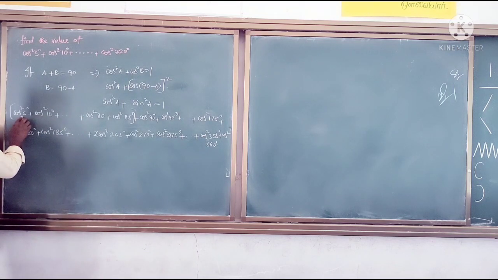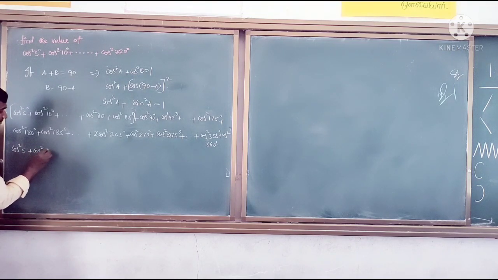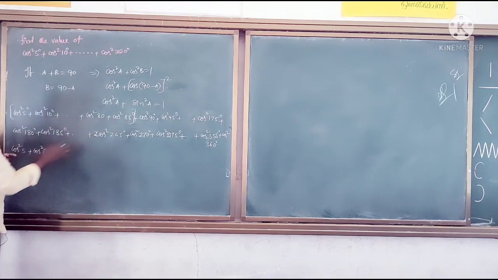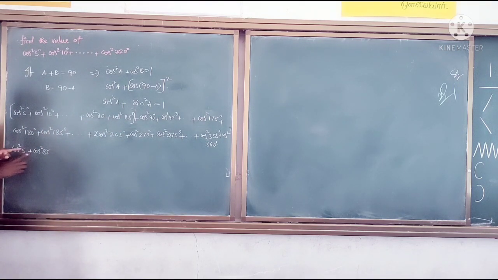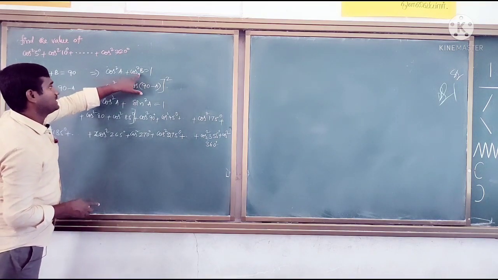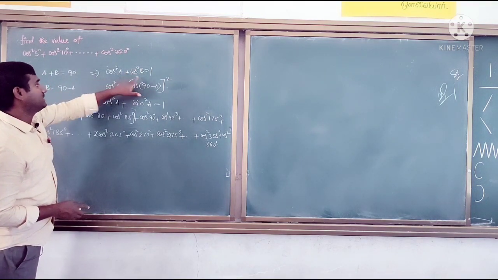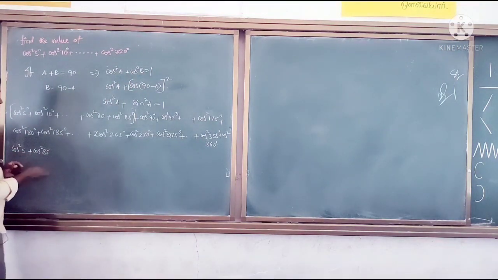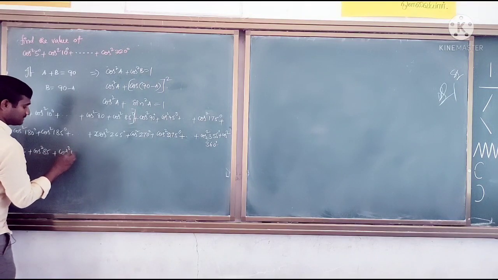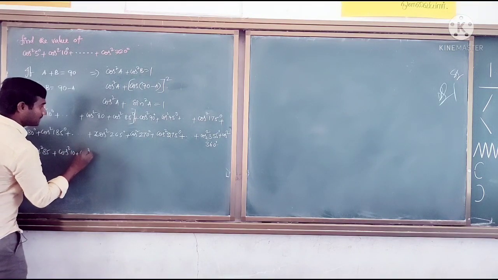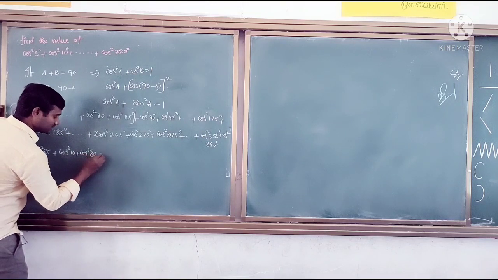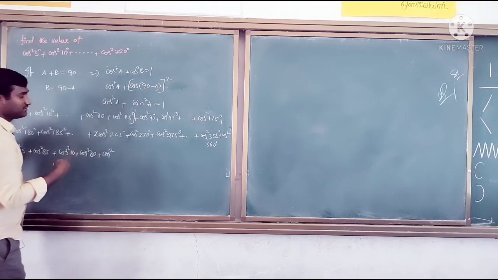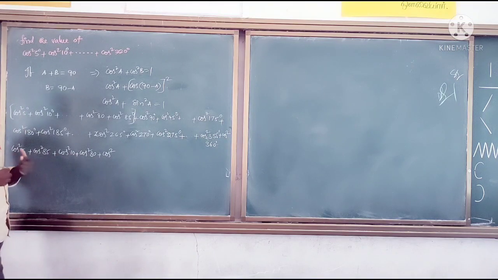See, cos square 5 plus cos square 85 I am writing together. 5 plus 85 we will get 90, so then cos square A plus cos square B is 1. Similarly cos square 10 plus cos square 80, like this. I am explaining this fully so that you get full clarity.